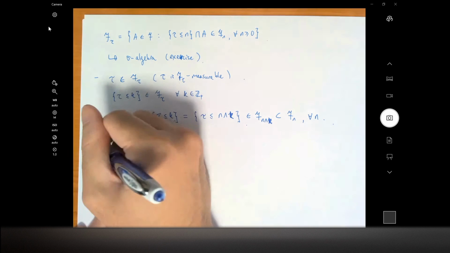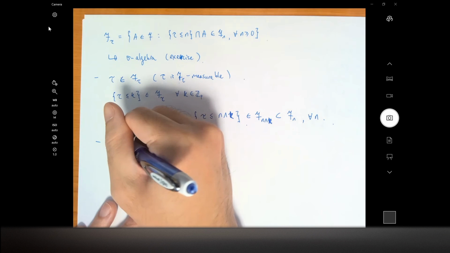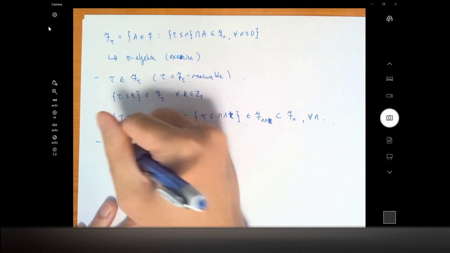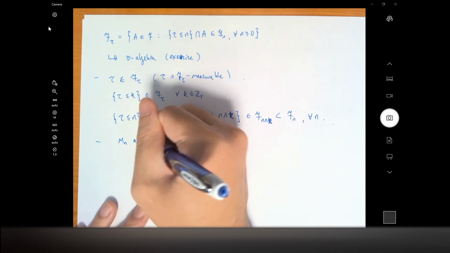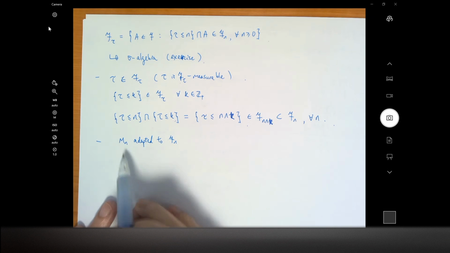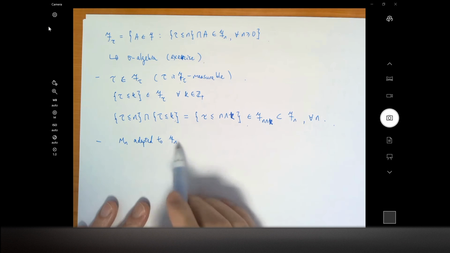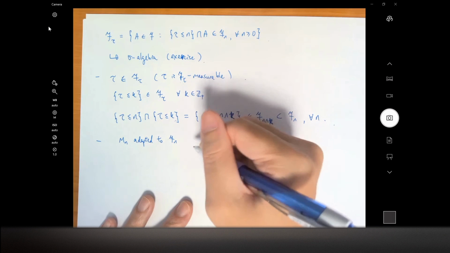All right, so another result that we have is, let's say I give you a martingale M_n, and this is adapted to F_n. Remember, adapted means that M_n is F_n measurable for every value of n.